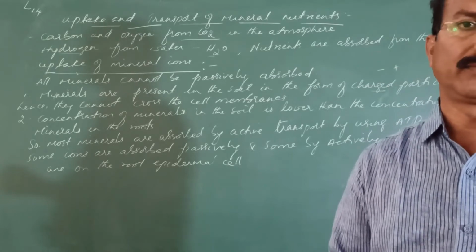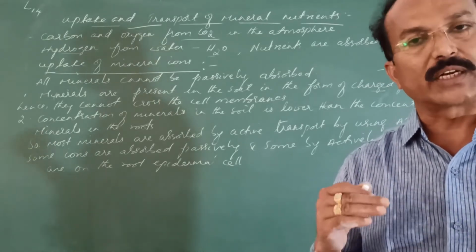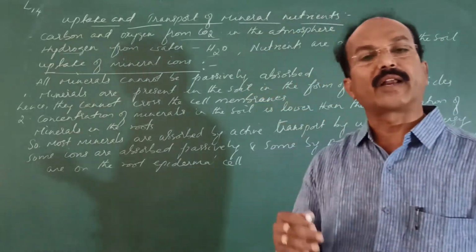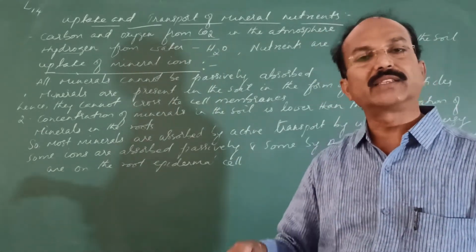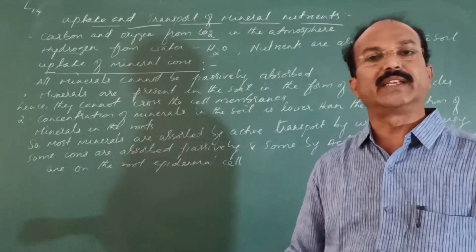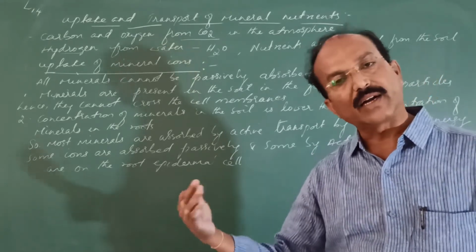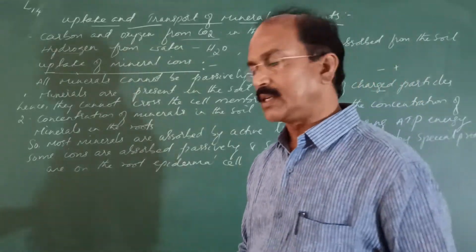Suberin. And the endodermal cell also consists of certain proteins, and these proteins are involved in transportation of these ions into the xylem. Inside the endodermis there is a stellar region, so the pericycle and the xylem are present. So it is transported to the xylem.